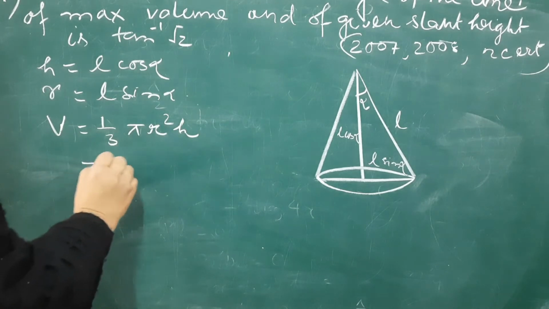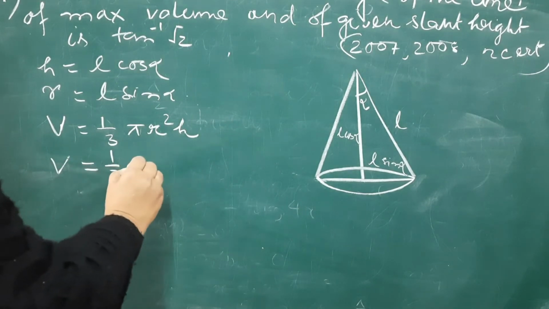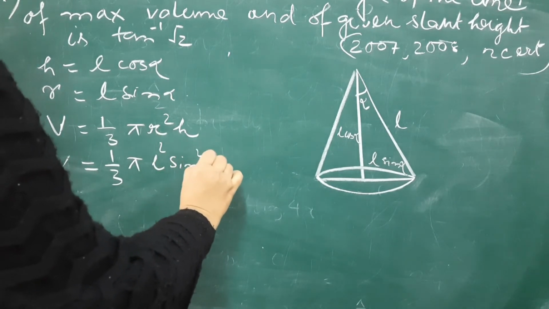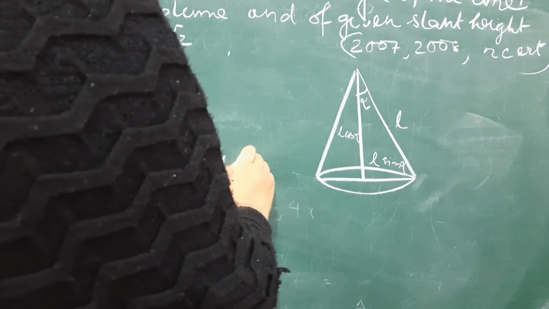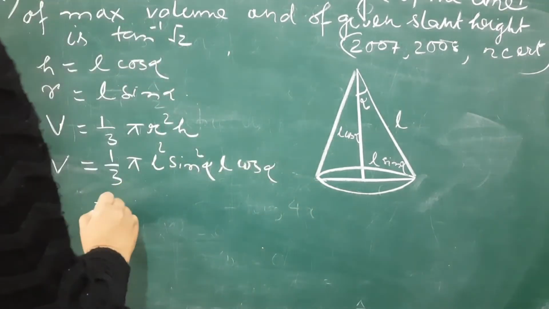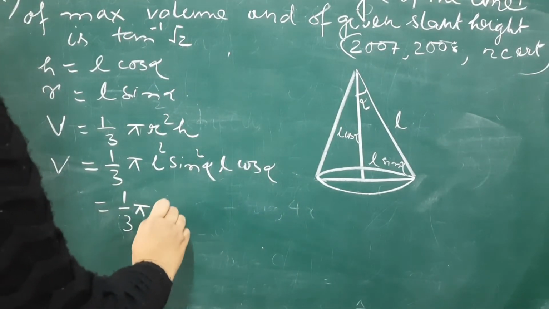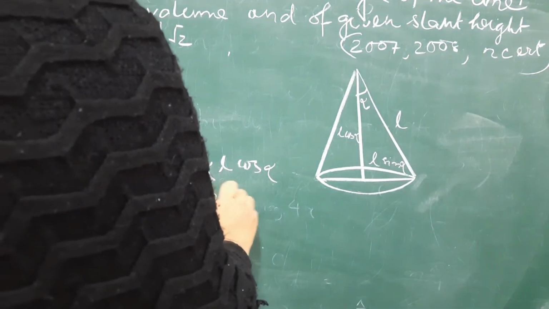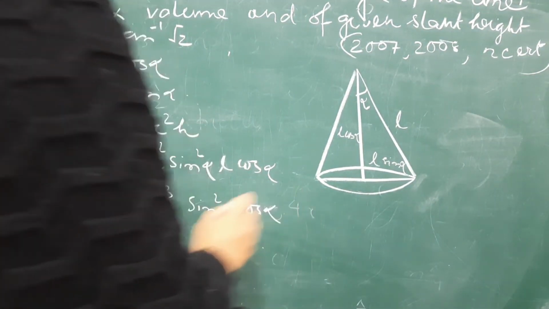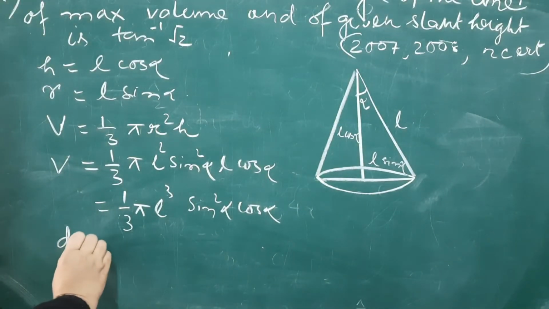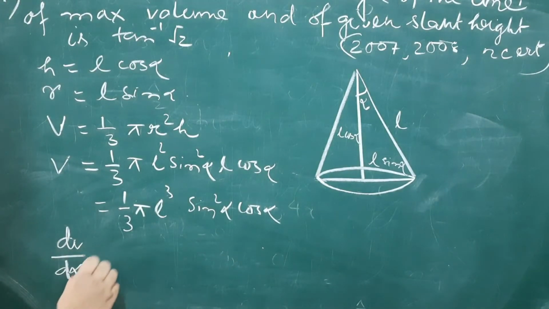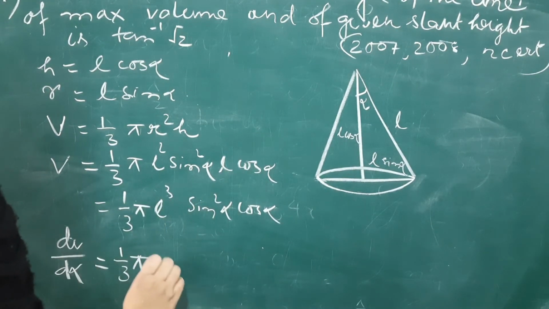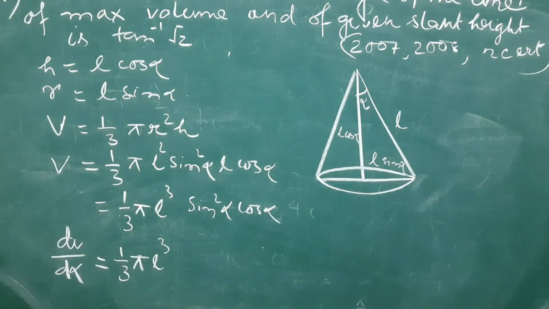Putting the values, 1/3 pi, in place of r it will be L square sin square alpha, and in place of h it is L cos alpha. So if we simplify, it is 1/3 pi L cube sin square alpha cos alpha. Now dV by d alpha: the first part is constant, and L is also given, so that is constant.